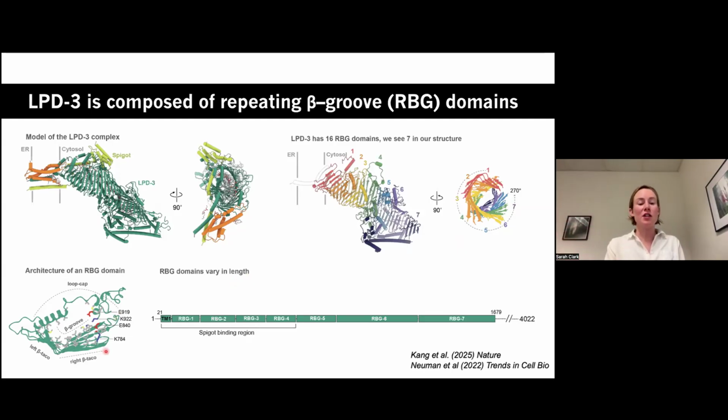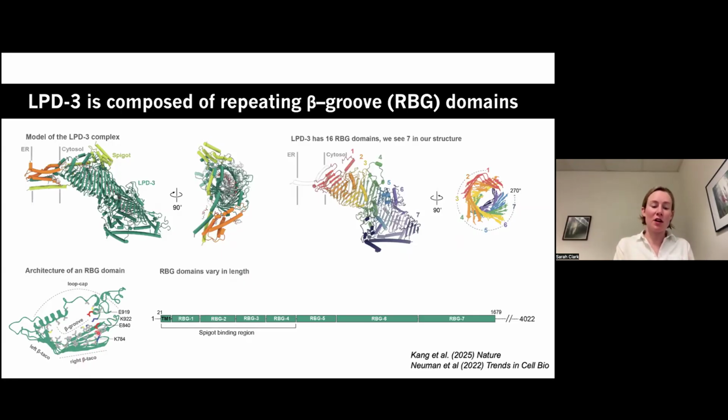And the architecture of an RBG domain on the inside is sort of perfect for solubilizing lipid molecules. If you look at this image down here, everything in gray, all of those gray side chains are hydrophobic amino acids, which we expected because we knew that this tunnel was solubilizing lipid molecules for transport, so it would need to have a hydrophobic interior.